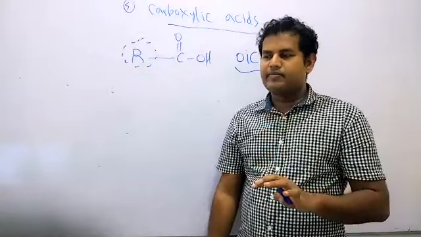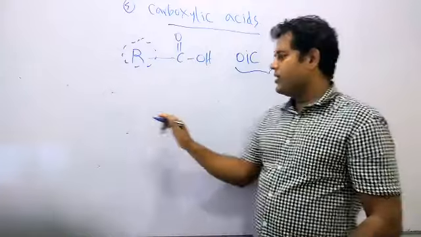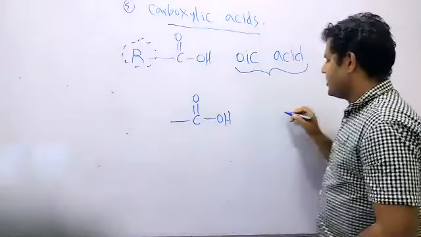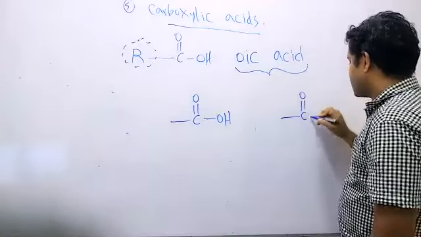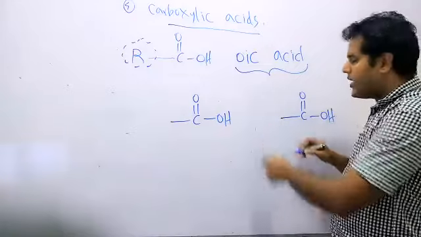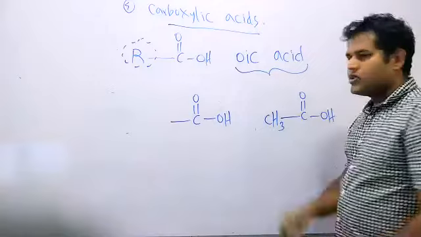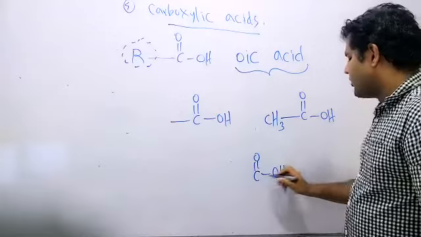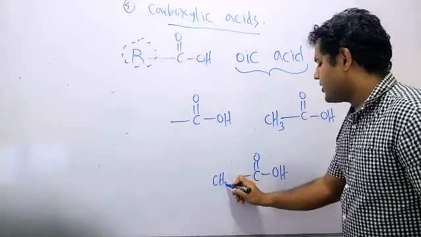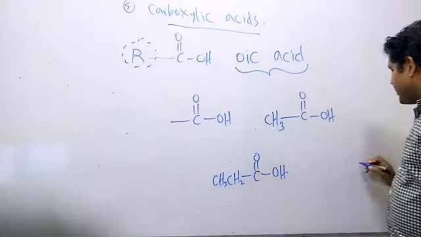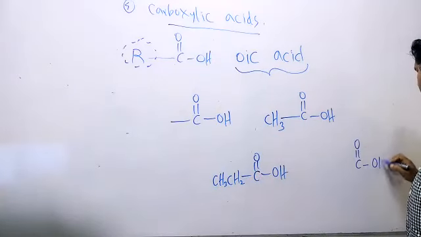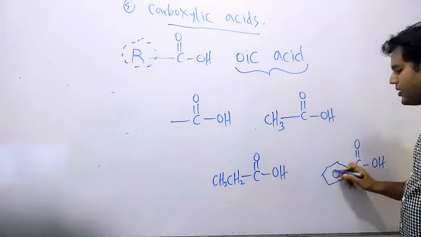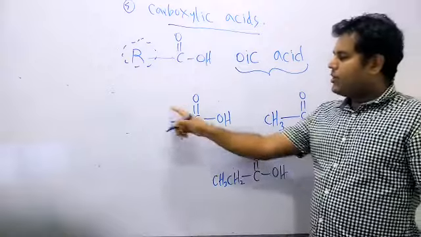When we are writing COOH like this, we place an R group like CH3, then it will become a compound. So when you get COOH, you place an R group like CH3CH2, and you get a compound like this. But without any R group, we can keep it.